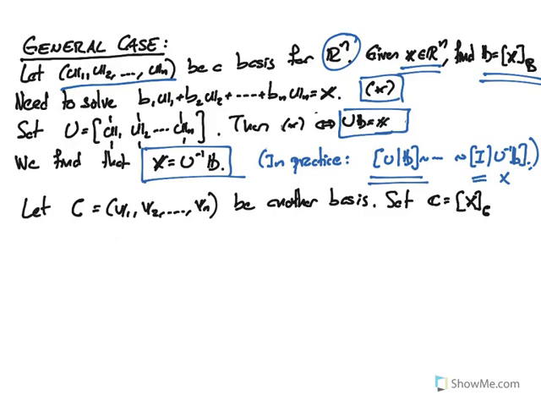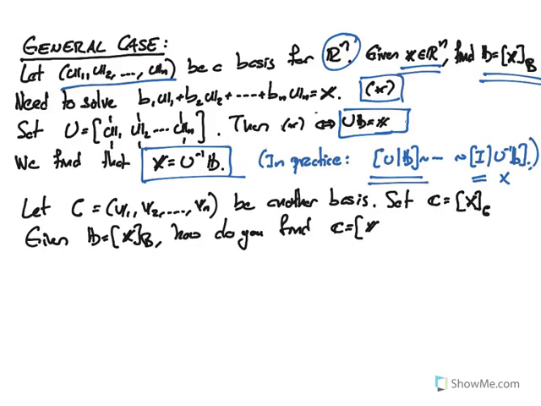So now the question is, given b, how do you find c? This is a very common problem. You may work with two different bases, and one basis is good for certain tasks, another one is good for other tasks. So what you want to do now is you need to solve the linear system.